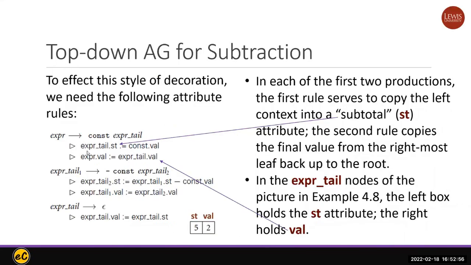To allow the L attribute, your tail ST will actually get its value from the constant. So the constant is passed to its sibling, but the father actually gets its value from the tail's value.